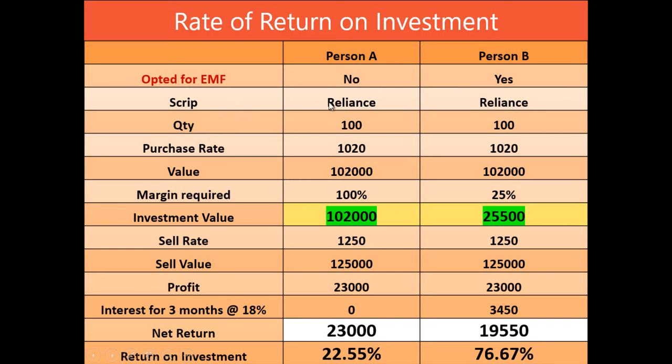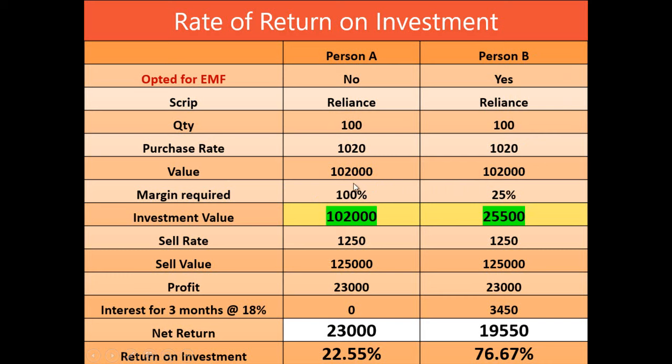The script they are buying is Reliance, for example, with a quantity of 100 each, at a buying rate of 1,020. So the investment for person A would be 1,02,000, and the value of the stocks would be 1,02,000.